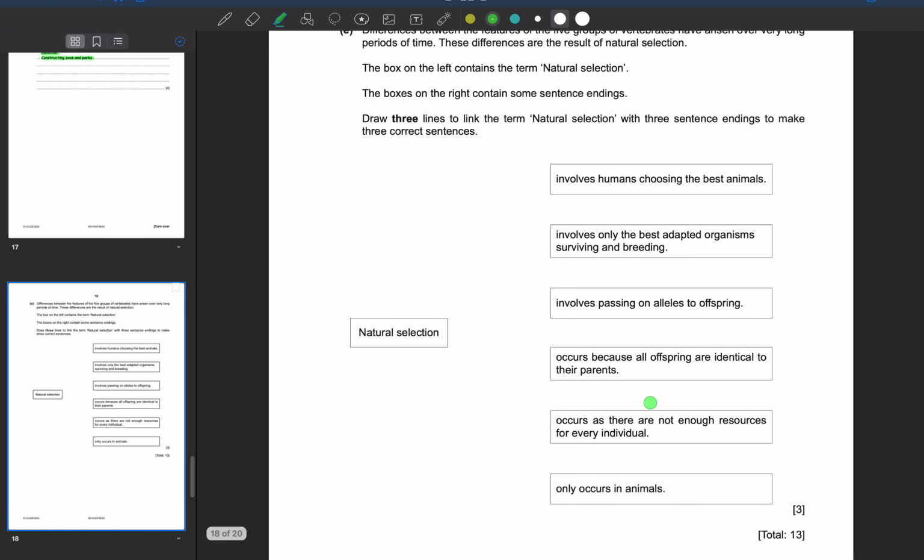So I have to read all of these just to choose 3 out of them. The first one, involves humans choosing the best animals. Of course, as you know, in natural selection we have to choose the animals with the features that I want to be passed on to the next generations.